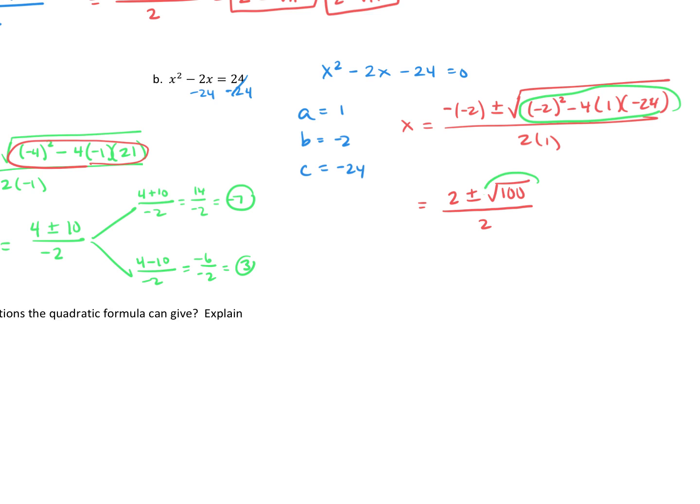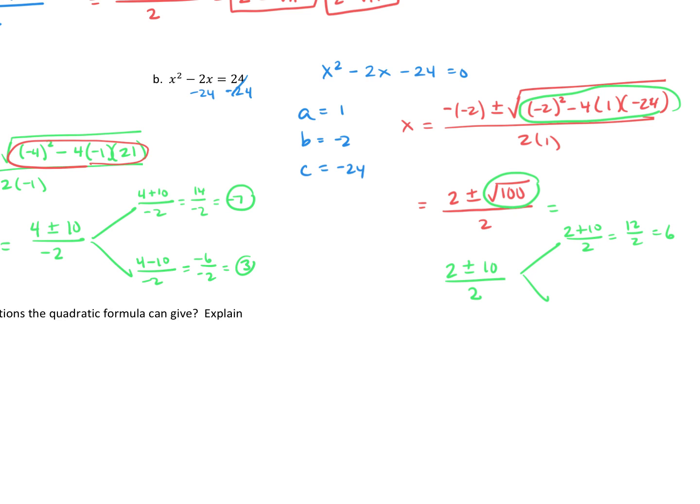Now let's see what we can do with our square root value. That's a perfect square, so we'll go ahead and take the square root, and we have 2 plus or minus 10 divided by 2. That's where we will break this apart, and the reason why we're doing that is the 2 and the 10 are like terms, so we can continue to simplify this. We're going to do 2 plus 10 divided by 2. 2 plus 10 is 12 divided by 2.